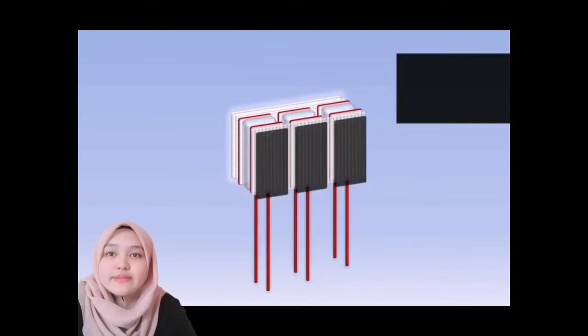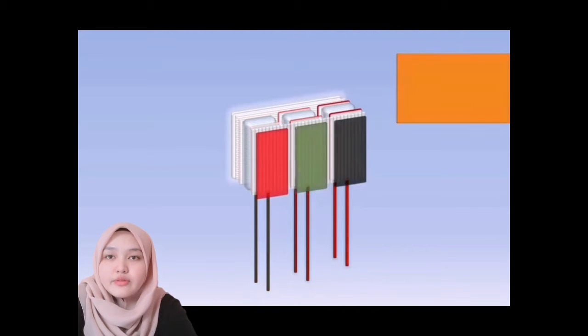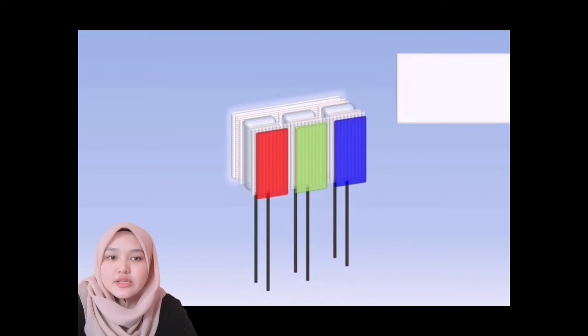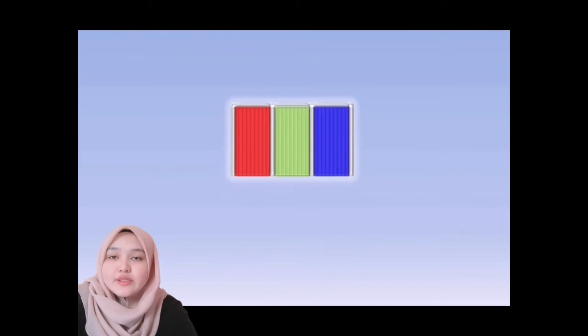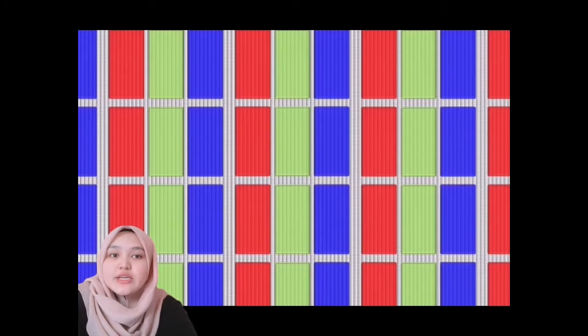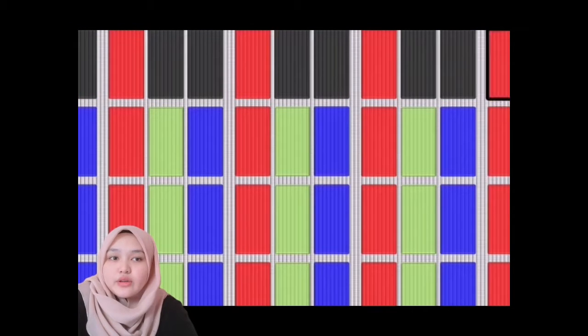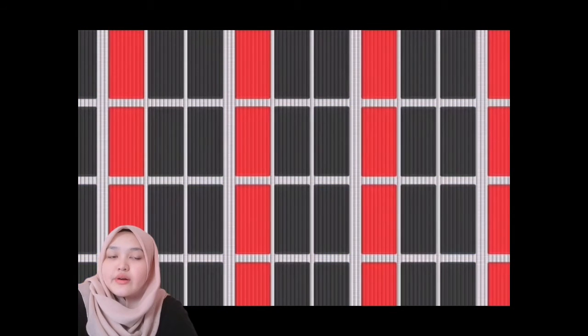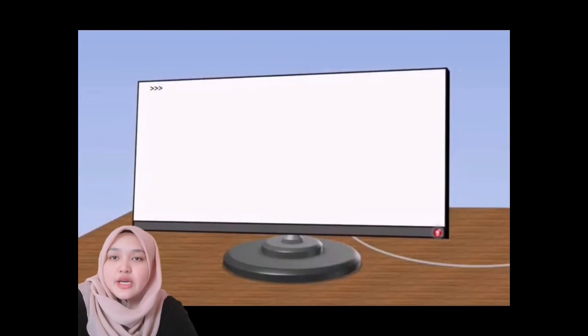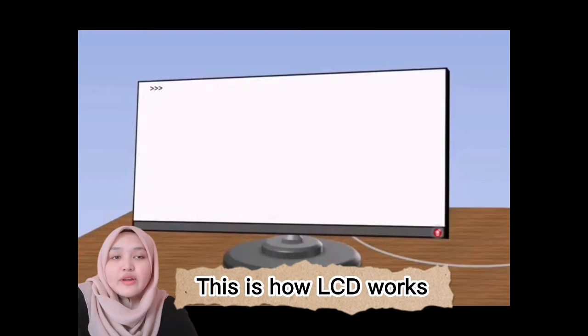As you increase the amount of red, green and blue on pixels, you will be able to see different colors appear on the screen. The monitor adjusts the amount of electricity in the liquid crystal one by one, row by row, around 60 times per second. This is a short look at how the LCD works.